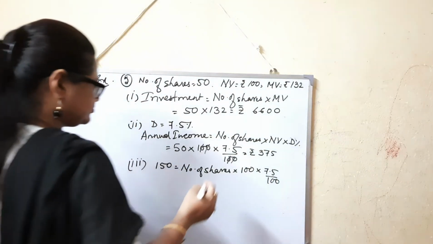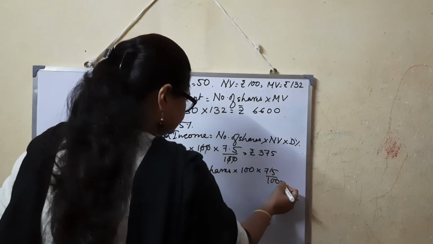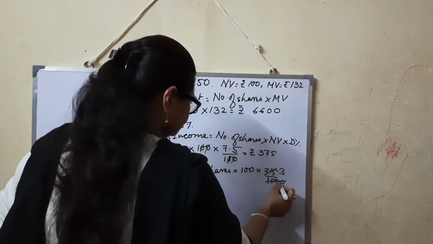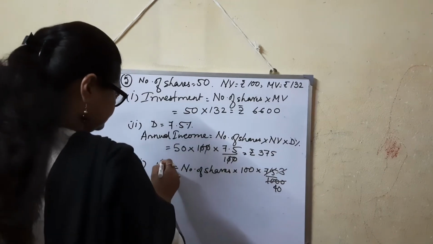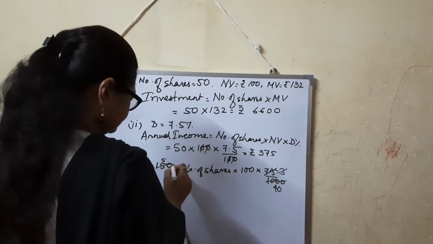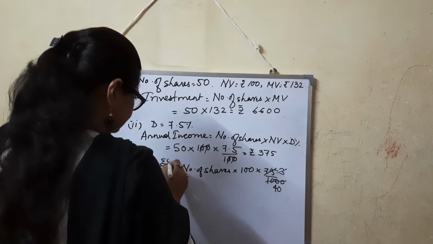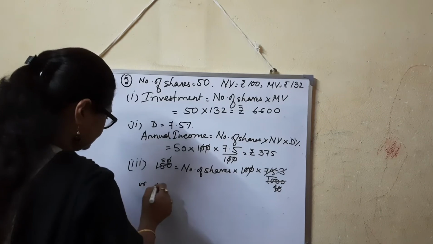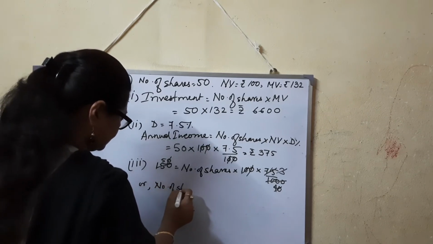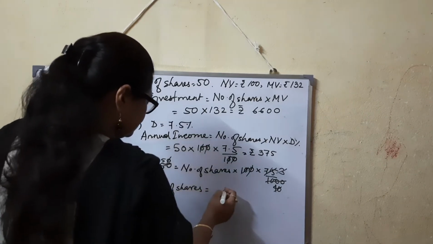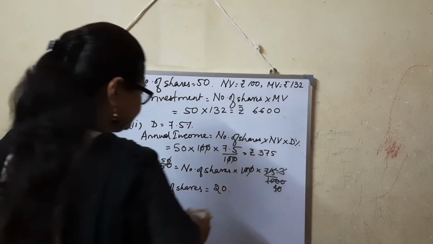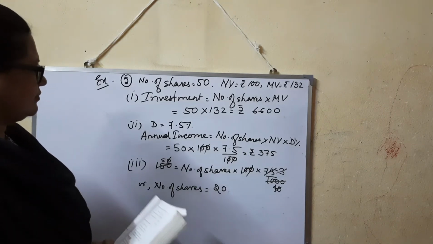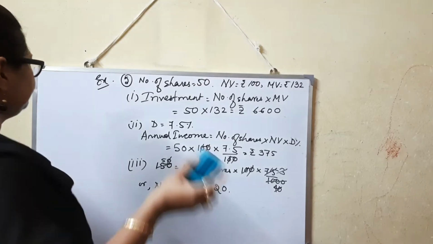Got it? So our number of shares is equal to 20. Okay, so this is the sum. Alright, so let's move on to the next sum.